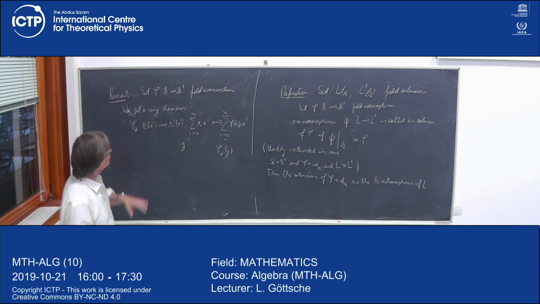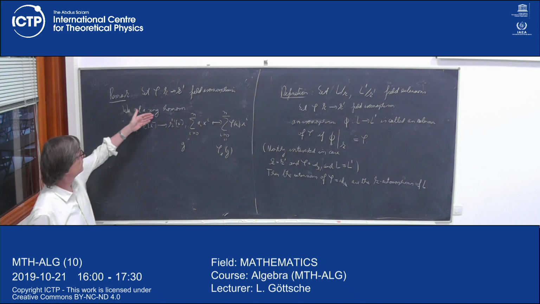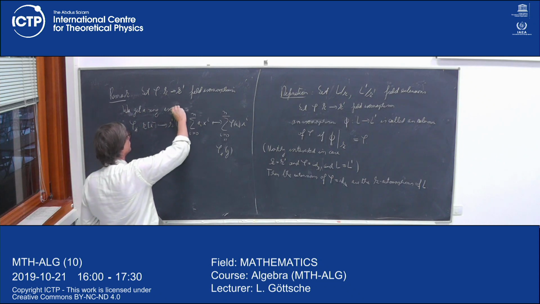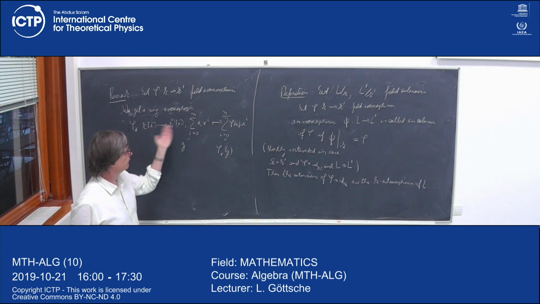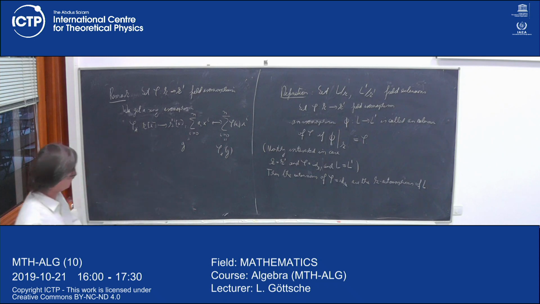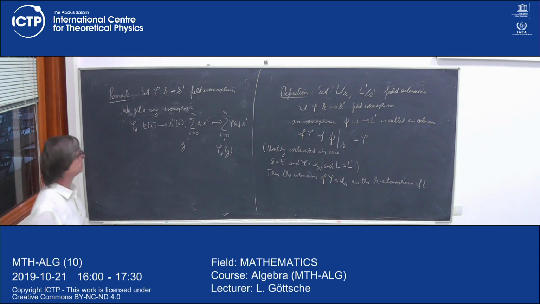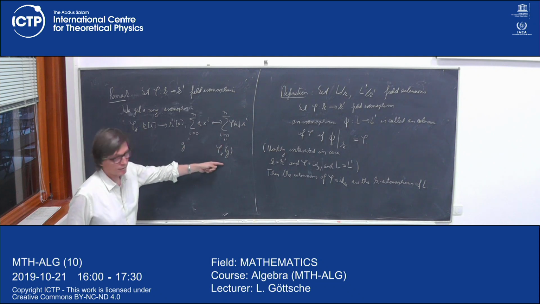It's clear from the definition that this is a ring homomorphism, and in fact a ring isomorphism. If I apply it to the product of two polynomials, I get the product, because phi is a homomorphism, and similarly for the sum. And it's also an isomorphism because obviously the inverse is phi to the minus 1 lower star.